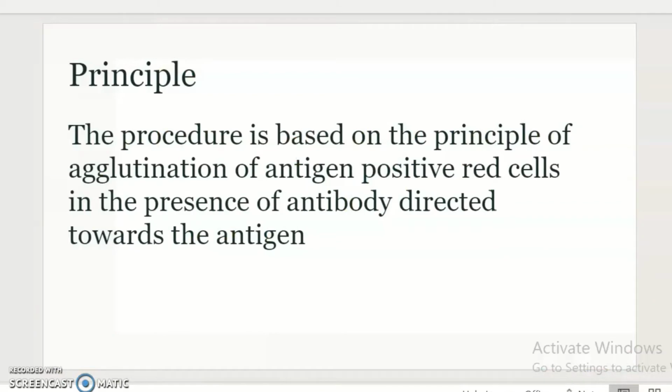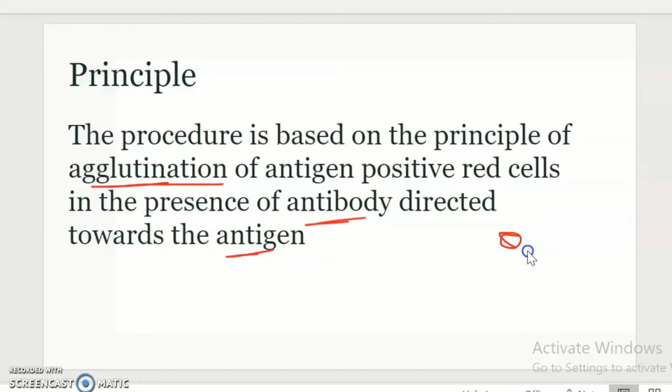Firstly, let's see the principle of this method. The procedure is based on the principle of agglutination of antigen-positive red cells in the presence of antibody directed towards the antigen.